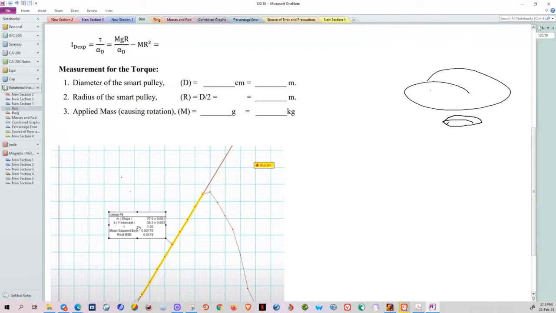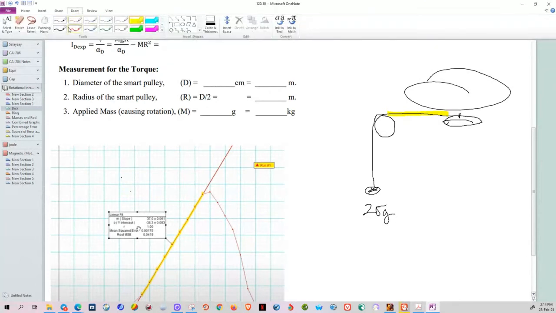The disk is on top of the pulley, okay? The string must be horizontal, passing through the second pulley and then going down with the mass that is 25 grams. This string here, let me use highlight so you will see it. This string, Hadi, must be horizontal, okay?